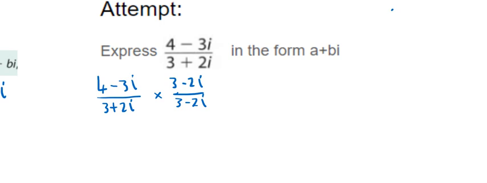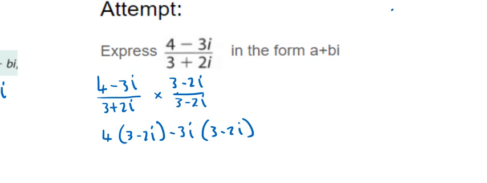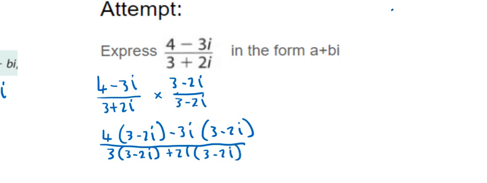So on top we're going to get 4 multiplied by 3 minus 2i, minus 3i multiplied by 3 minus 2i. And on the bottom we're going to get 3 multiplied by 3 minus 2i plus 2i multiplied by 3 minus 2i.